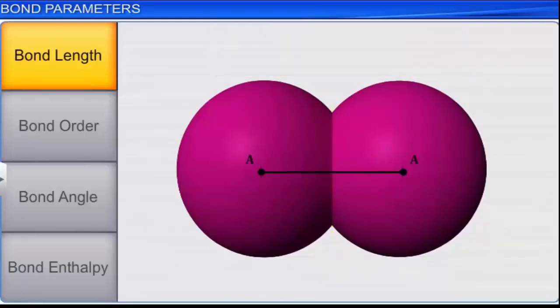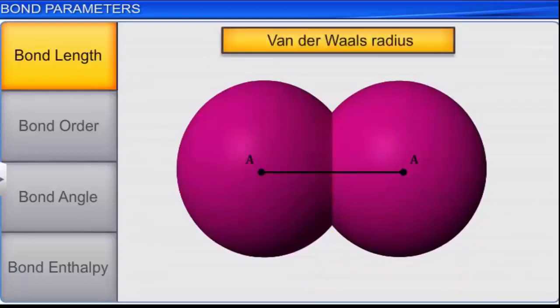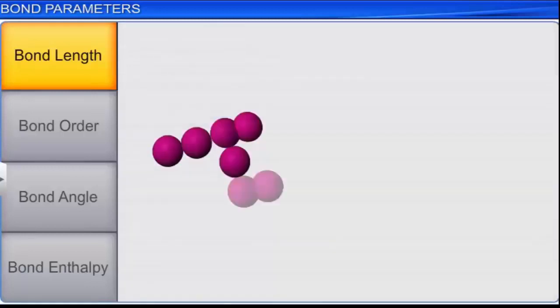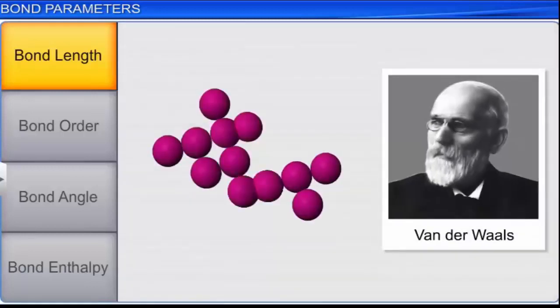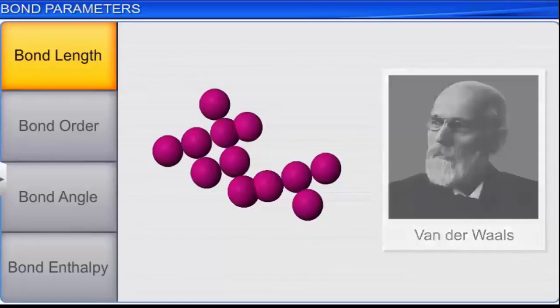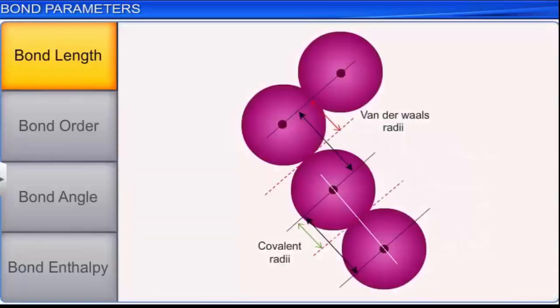Another type of radii between atoms is the van der Waals radius. It was calculated by van der Waals and provides the overall size of an atom, including its non-bonded valence shell. It is given as half the distance between two similar atoms in separate molecules in a solid.